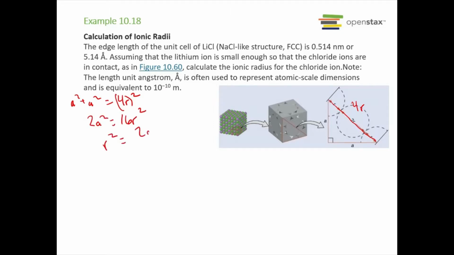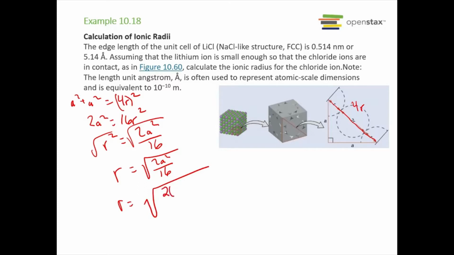R squared equals 2A squared over 16. R is equal to the square root of 2A squared over 16, which is the square root of 2 times 0.514 nanometers squared over 16, and that's 0.182 nanometers, or 1.82 angstroms if you want.